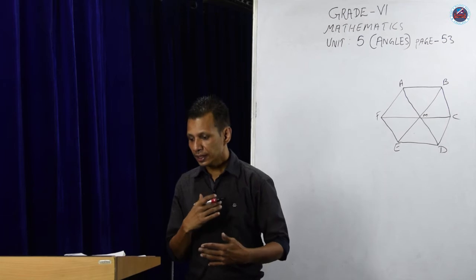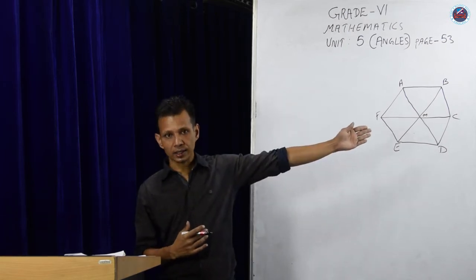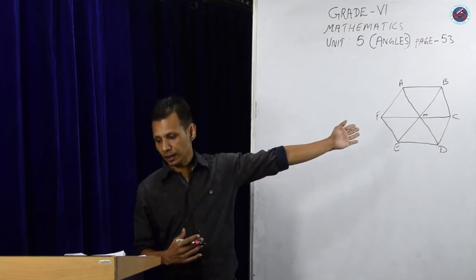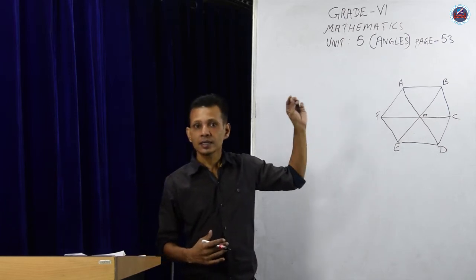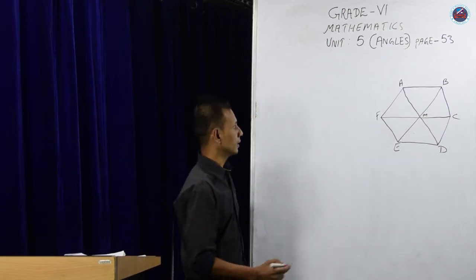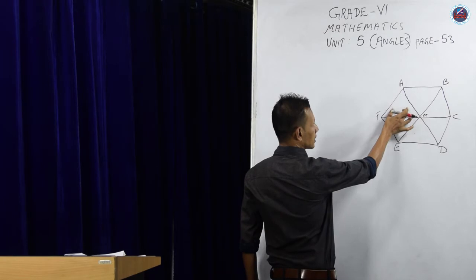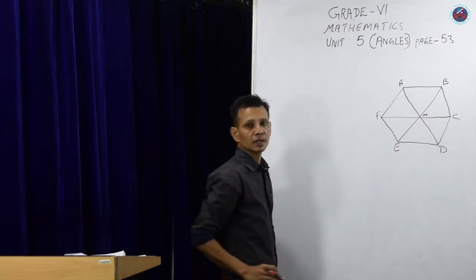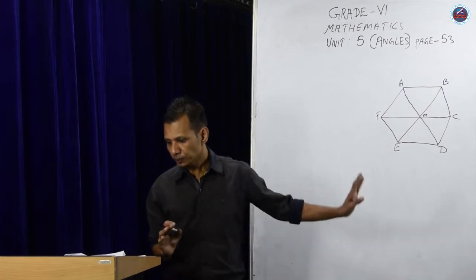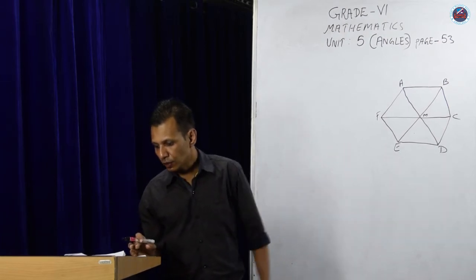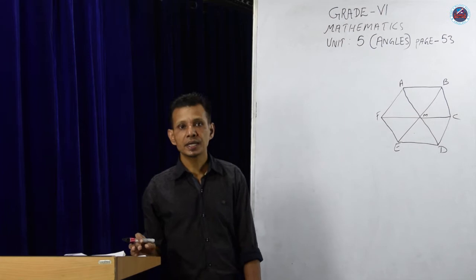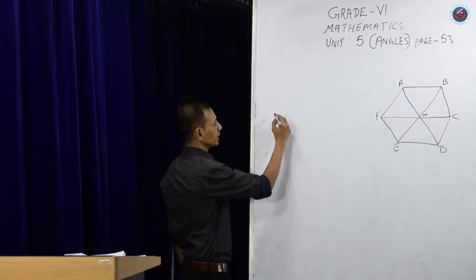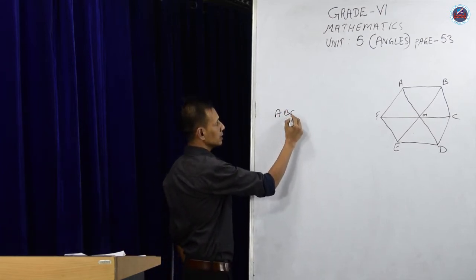Every angle in each of these triangles, look at the triangles, so many triangles are here, is 60 degrees. What do you understand? 60 degrees, 60, 60, 60, 60. You got my point? So, find the size of these angles, A, B, C.